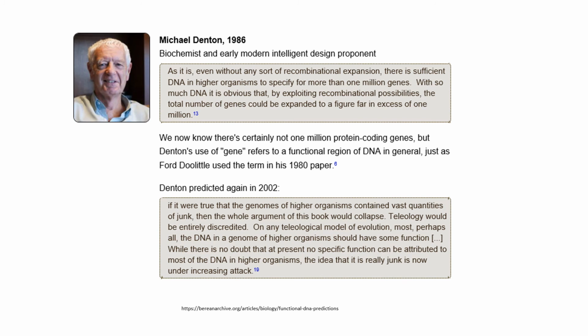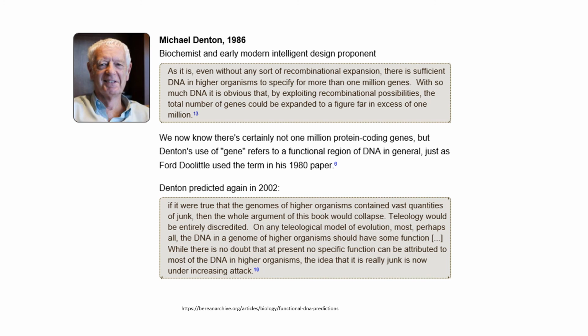So Michael Denton, a physician and biochemist, if you look at his quote in 2002, says, if it were true that the genomes of higher organisms contained vast quantities of junk, then the whole argument of this book, i.e. intelligent design, would collapse. Teleology would be entirely discredited. Teleology, again, links to that term, dysteleology.